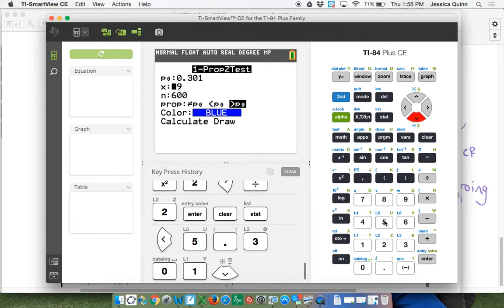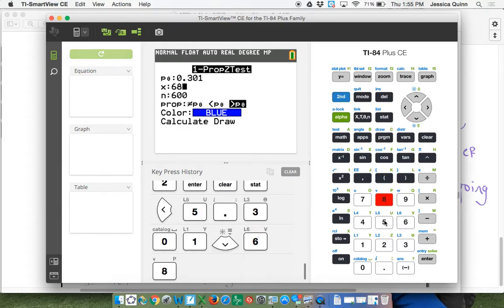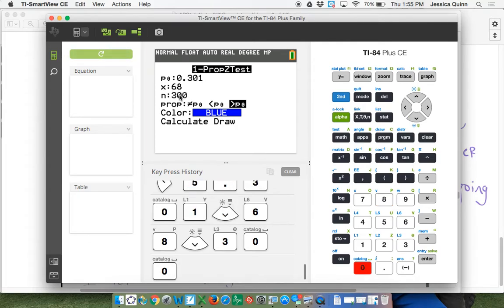The number of expenses that started with a 1 was 68. Out of, how many was it? 300. And then again, in this case, we're testing that it's not equal to, okay?